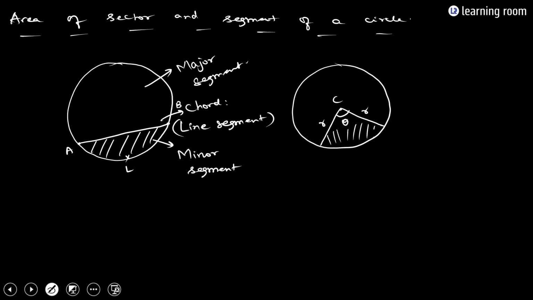What is this portion called as? Minor sector, and the sector which consists of the bigger arc is called as the major sector. Am I clear with this? Right?